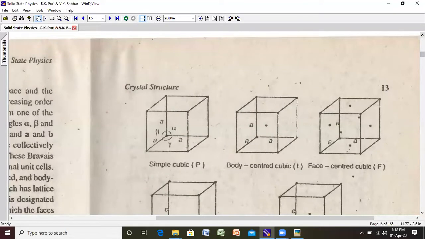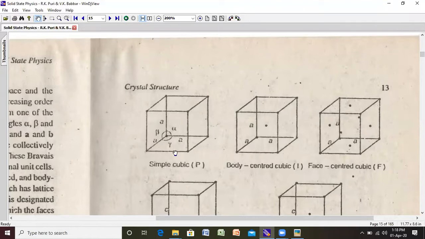Now, the cubic system has 3 types of further categories in the Bravais lattice. One is simple cubic. Simple cubic means there are crystal points only at the corners. This is the simple cubic geometry. Only at the corners it has the lattice points in the space lattice.